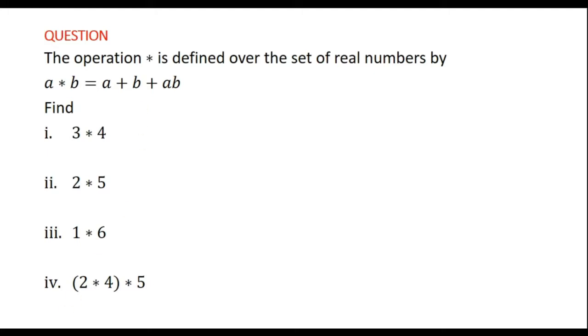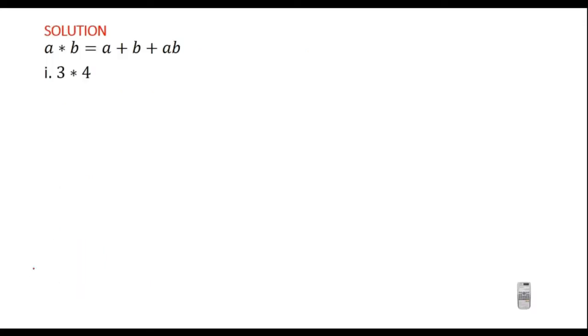Now, how do we do this? Let's go on to find out how we are going to do this. So let's take the first one, 3 star 4. The operation has been defined for us as a star b is equal to a plus b plus ab. So what it means is that if you have 3 star 4, a will be equal to 3 because a is the first value, then b will be equal to 4 because b is the second value.